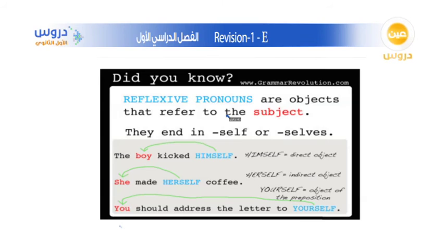Let's take some explanations here. Reflexive pronouns are objects that refer to the subject. They end in self, if it's singular, or selves, if it's plural. For example, the boy kicked himself. So himself goes back to the subject boy.